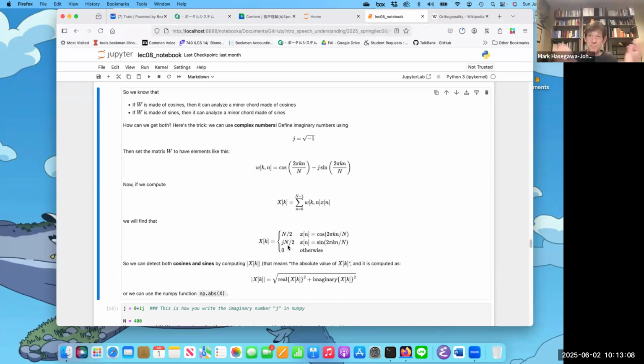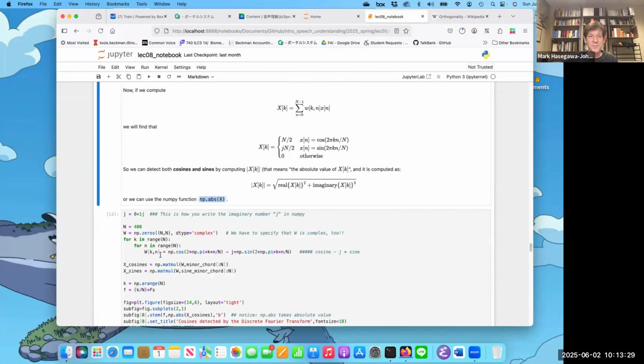All right, how do we get back again some information about exactly where the tones are? We can take the real part and square it, plus the imaginary part and square it, and then take the square root. And this is what the function np dot absolute value does. It takes the square root of the real part squared plus the imaginary part squared and gives that back to us.